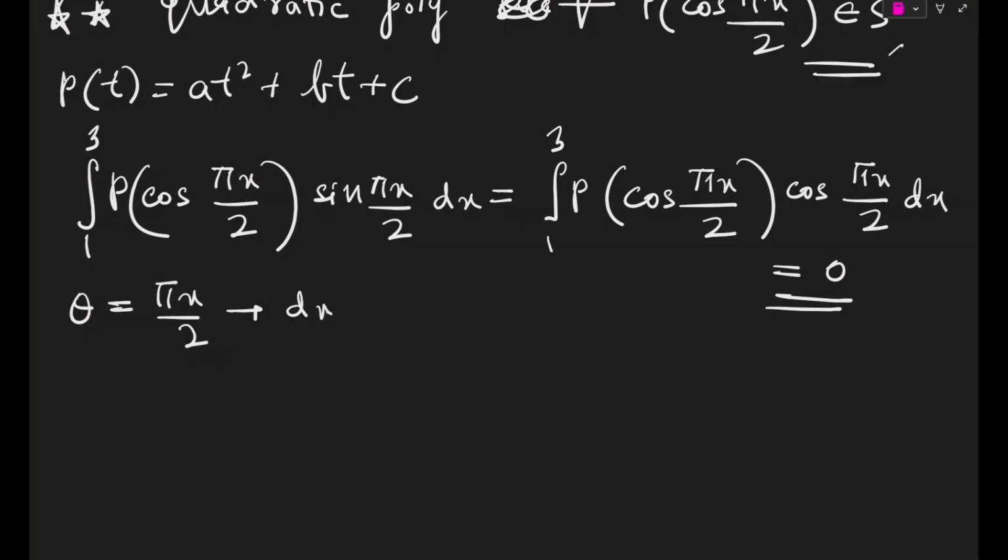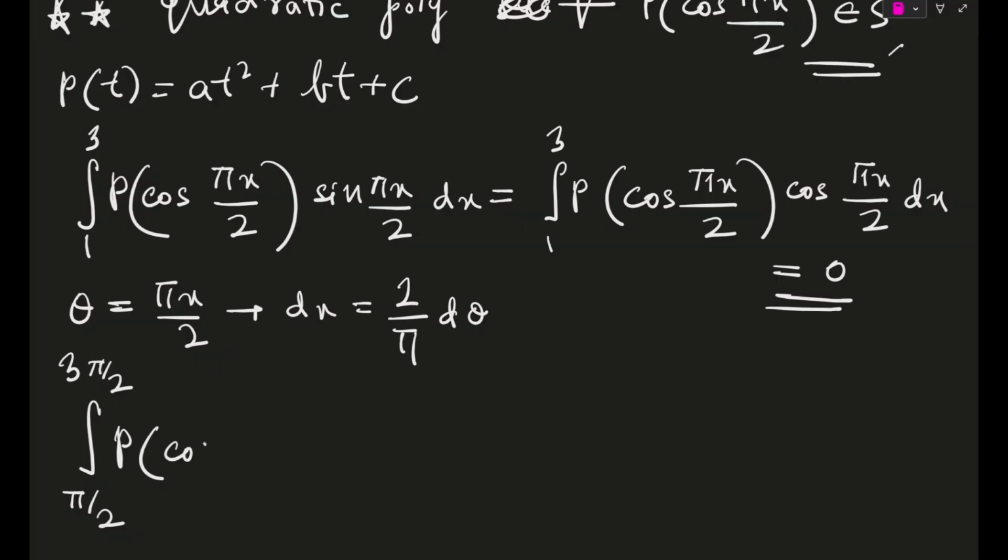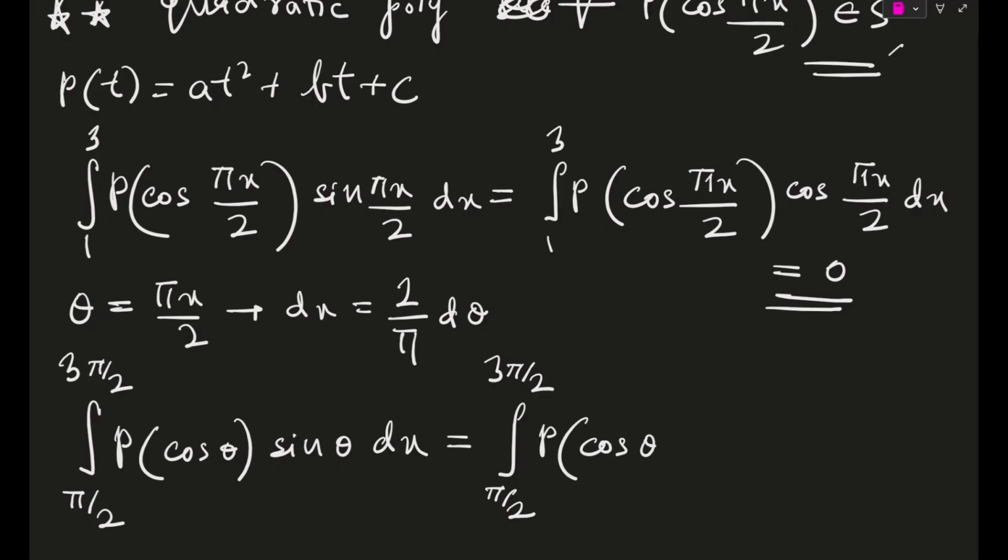So dx is nothing but 2 by pi d theta, and if you do the substitution, the complete set of integrals will transform into integral pi by 2 to 3 pi by 2 of p of cos theta into sine theta d theta, is equal to integral pi by 2 to 3 pi by 2 of p of cos theta into cos theta d theta, and you have to prove this to be equal to 0.